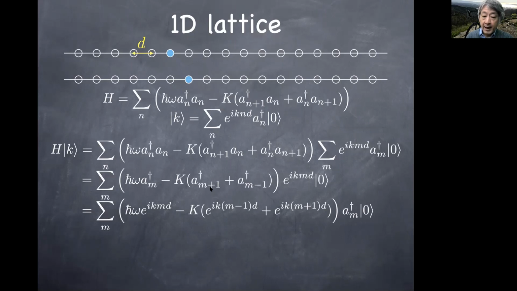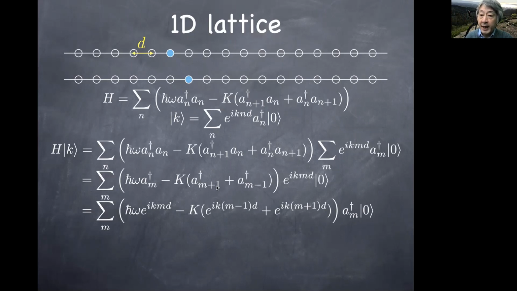But for the second term, I relabel my dummy variable m by m minus 1, so that this a_{m+1} dagger becomes the same as the a_m dagger I got from the first term, so that I can put them together into a single expression. That's why I'm changing this dummy variable m for the summation to m minus 1. Now this creation operator refers to the same site, a_m dagger.